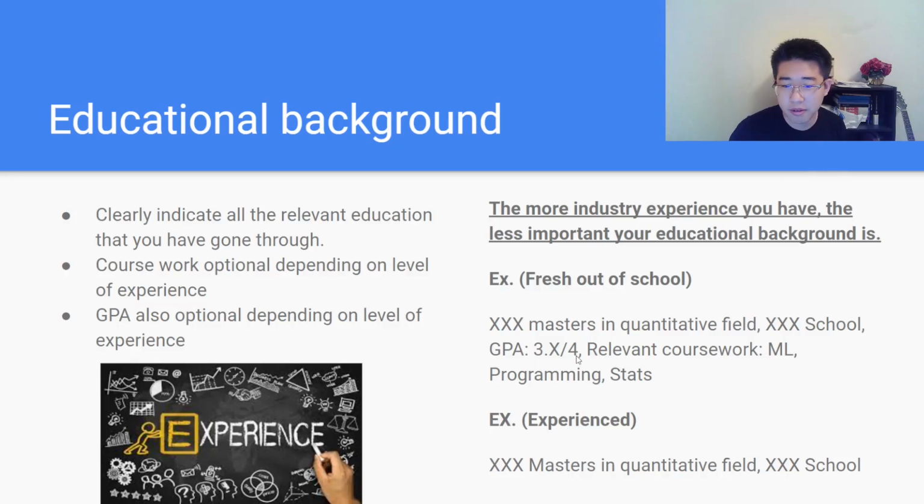So if you have a GPA that's decent, you should definitely put it on there anyways. That's just my opinion. Again, I don't know exactly what they think. I've never had this issue myself, not to brag. But yeah, I still think it's better to have the GPA if you're fresh out of school.